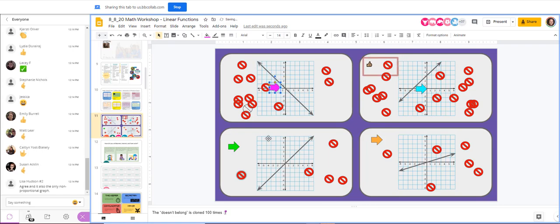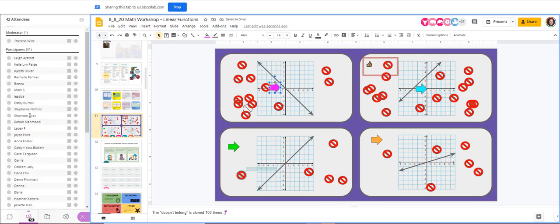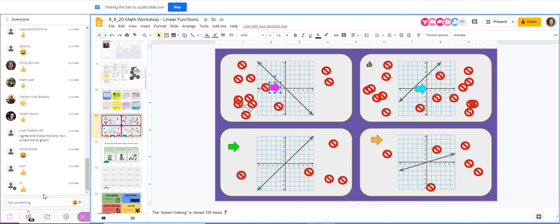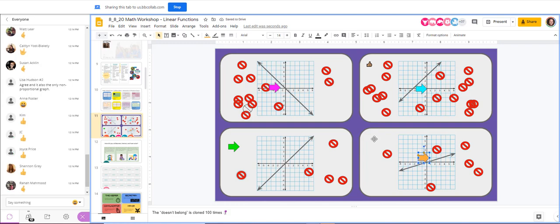Cool. All right, let's see what other hand we have up. Kelly Lynn Page, go ahead and tell us which one you think doesn't belong. I chose the orange one because it was the only one where the slope is not either 1 or positive 1. And how could I visually understand what you mean by slope here?